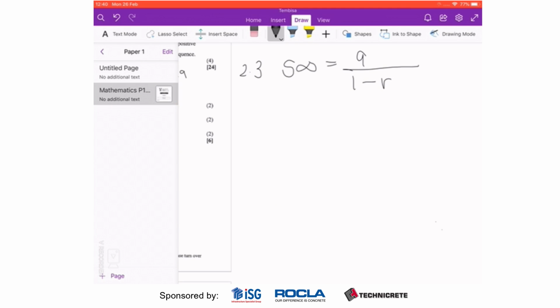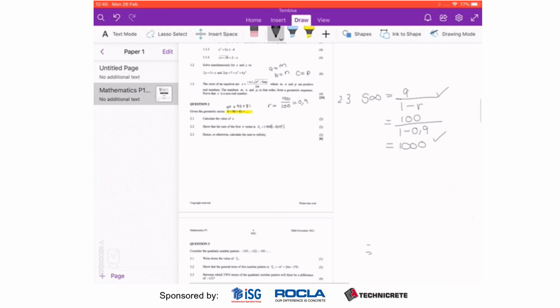Okay, and now we can substitute. So a we know to be 100 over 1 minus 0.9, and now you can just simplify, put it in your calculator, and it's equal to 1000. Here you do get a mark for substitution and a mark for your answer. This was a total of 6 marks.